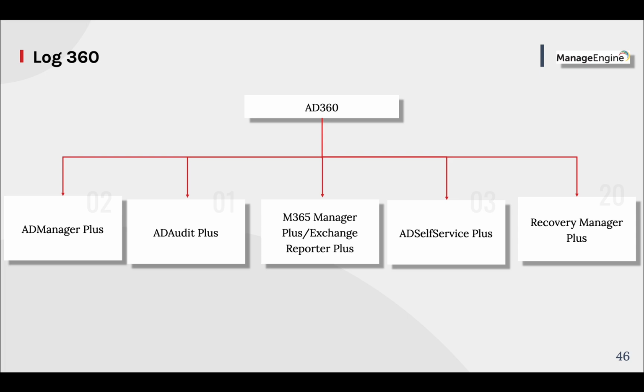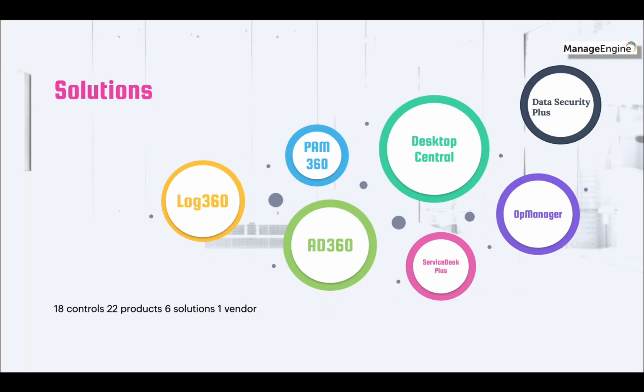AD360, the last solution I would like to present, combines all the Active Directory management, auditing, and reporting, including recovery of your Windows infrastructure in one single place. So there were 22 products with 6 solutions, Service Desk Plus and Data Security Plus.